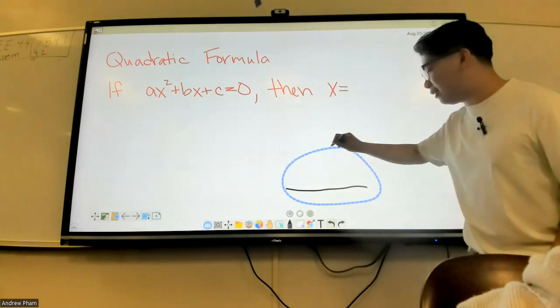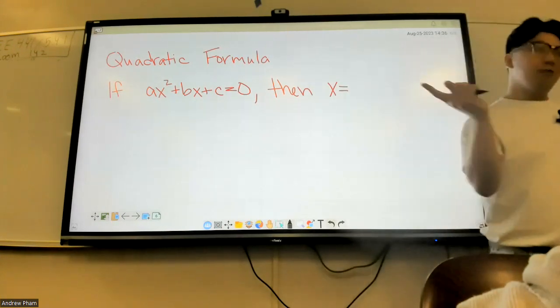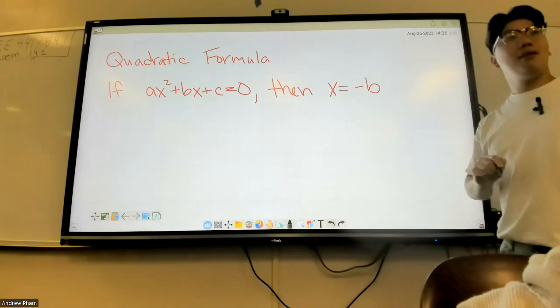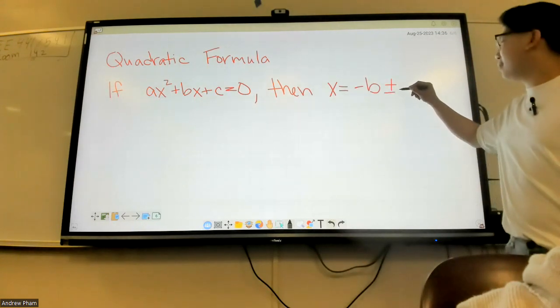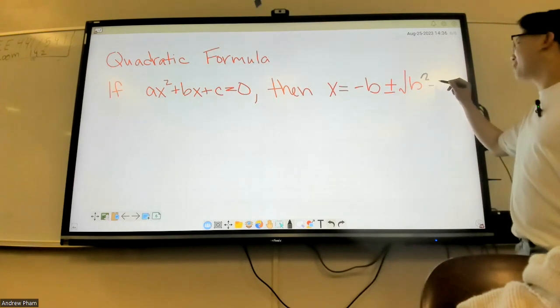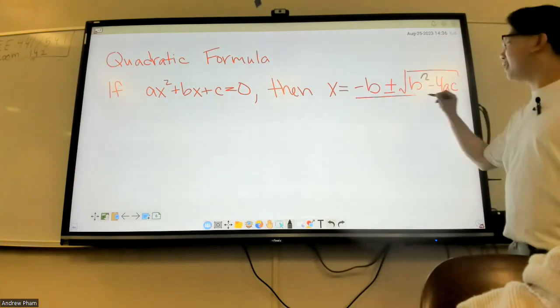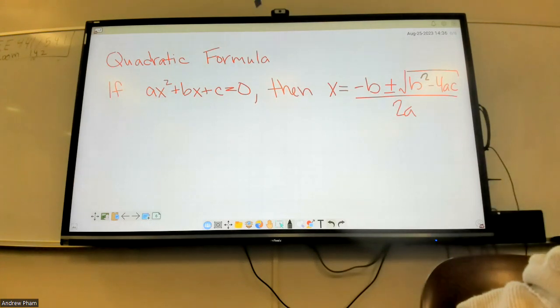Well, y'all definitely used the correct letters somewhere in there. As a reminder, starting off negative b plus or minus. Yes, correct. Y'all definitely use the letters A, B, and C somewhere in there.